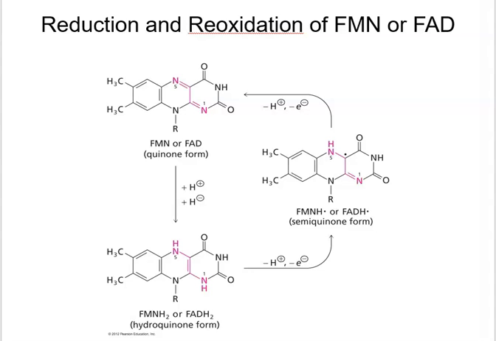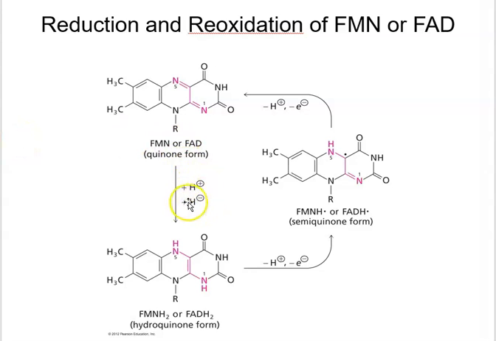FMN or FAD is another important cofactor, as it's used as a prosthetic group. So again, used in oxidoreductase reactions. These things are derived from riboflavin or B2 vitamin, and they're reduced by taking up a proton and 2 electrons.